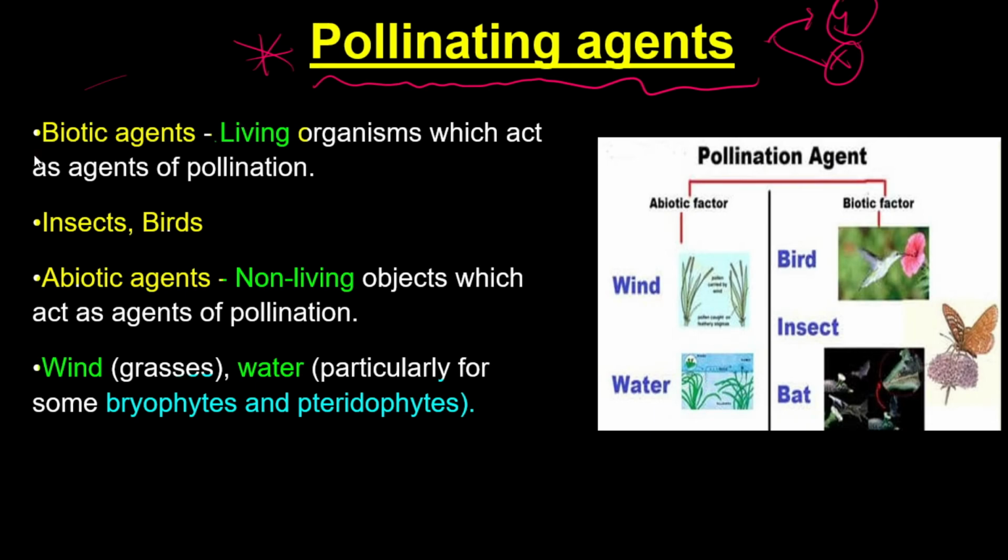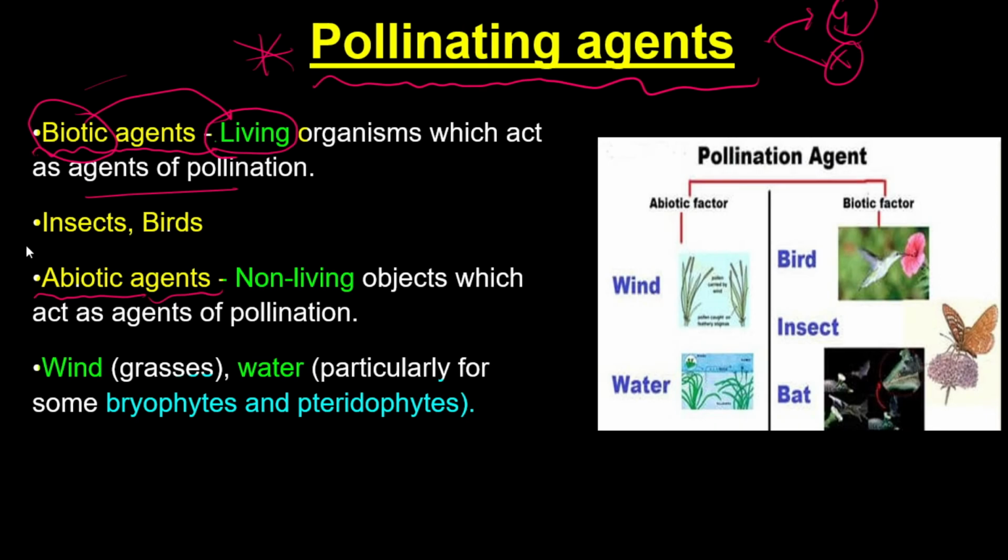There are two kinds of pollinating agents: biotic agents and abiotic agents. The word biotic resembles living. From that we understand that biotic agents are living organisms which act as pollinators.